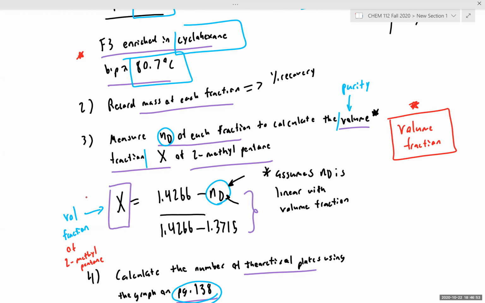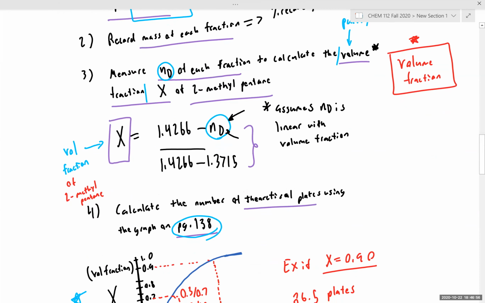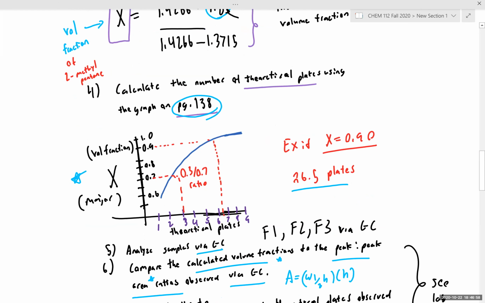Okay? Now, once we have the volume fraction, we have a table on page 138 of our lab manual that provides a relationship between the number of theoretical plates and the volume fraction. Now, this graph does not work well above 7 or more theoretical plates. It becomes hard to tell when you get to a really pure sample what the exact number of theoretical plates is.